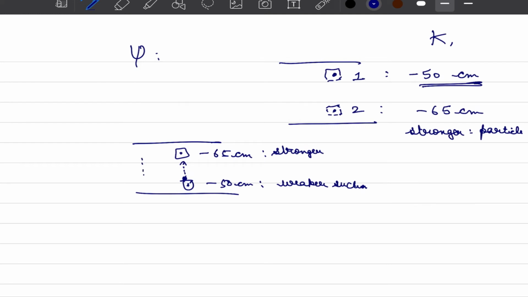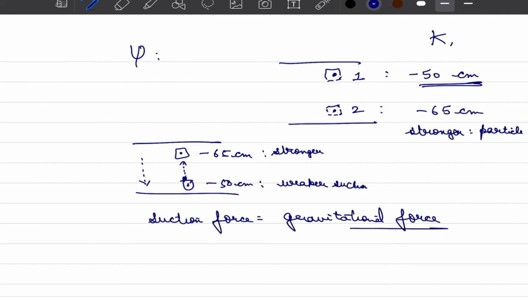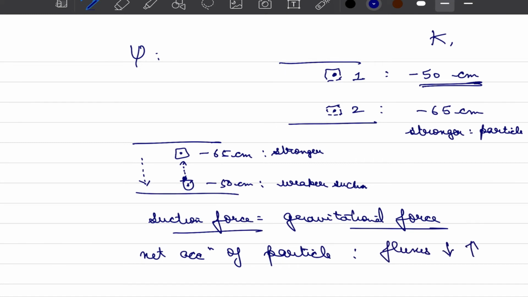Now, gravity would act in exactly the downward direction. So we say that hydrostatic condition would be reached where suction force is equal to gravitational force. And whenever there is a imbalance, we would have net acceleration of particles, or there would be some fluxes that would get set up either in upward direction or downward direction.